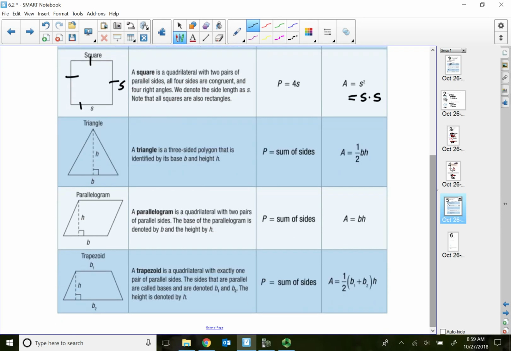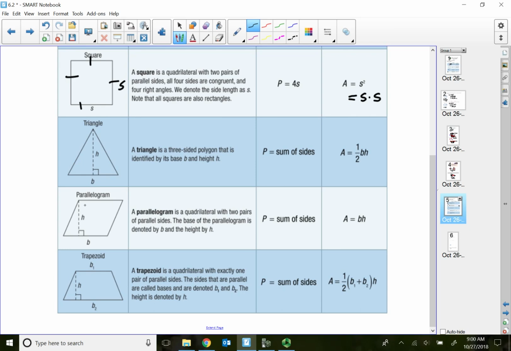Let me do the parallelogram real quick. A parallelogram is a quadrilateral with 2 pairs of parallel sides. So the base and the top base are parallel and congruent. There are 2 slanted sides, and the 2 slanted sides are parallel and congruent. The base of the parallelogram is denoted as B, and the height is denoted as H, and the height and the base are always perpendicular.